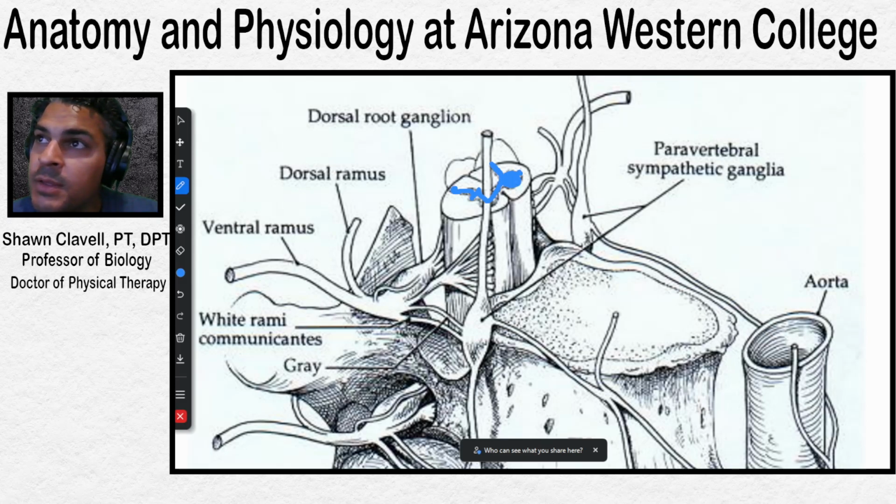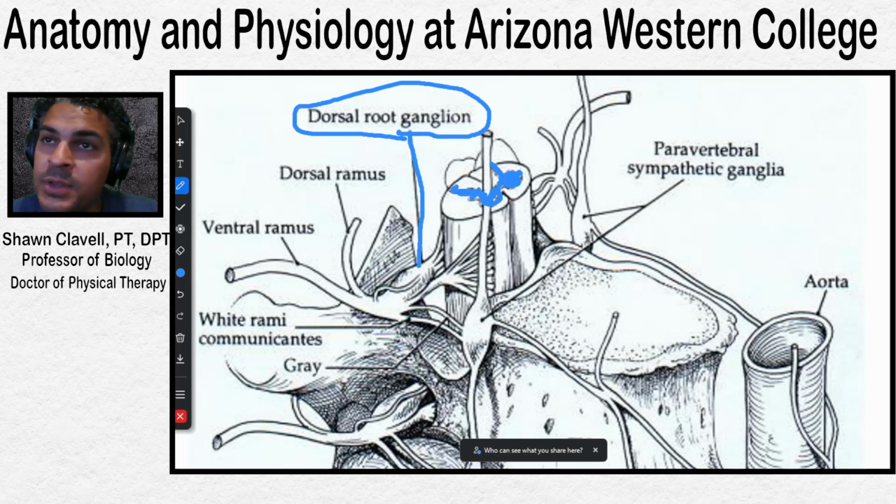In the peripheral nervous system, it's ganglion. So there's the dorsal root ganglion. That's one specific one. The dorsal root ganglion is sensory, right?